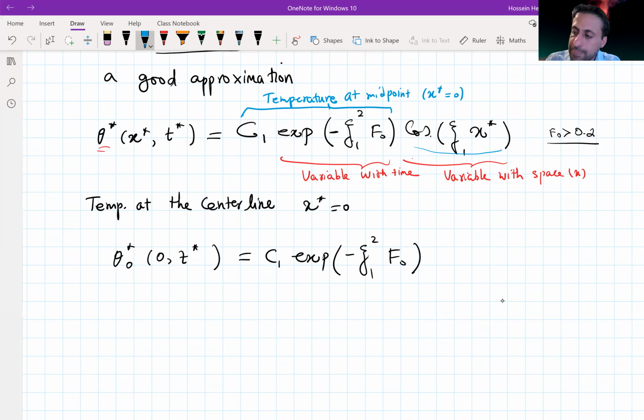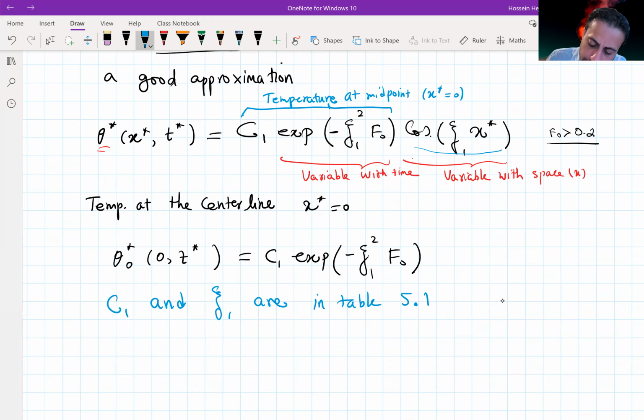Now, how do we find the values of the constants C1 and psi 1? They are in table 5.1 of the textbook.